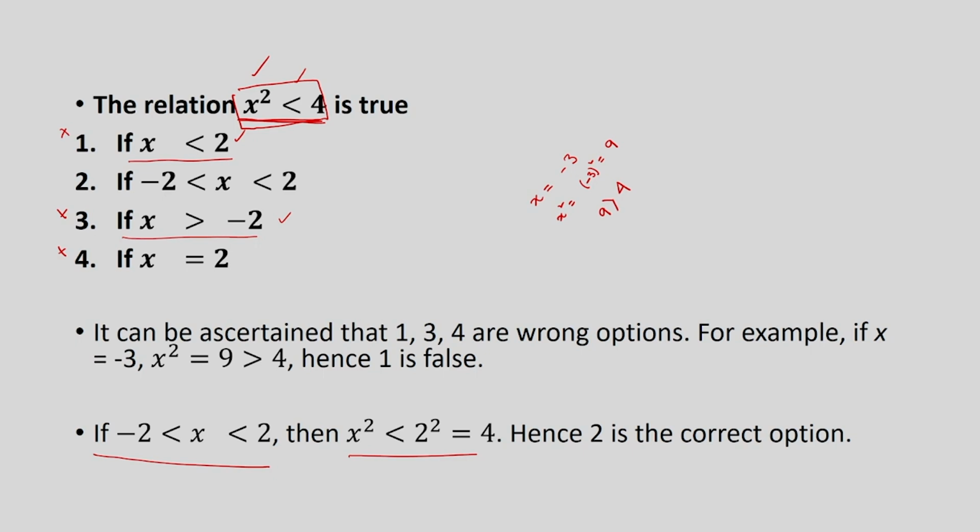Yes, if x is greater than minus 2, then for some values of x this relation will be satisfied, but not for all x which satisfy x greater than minus 2, and that is what is important. We have to check for all values of x which satisfy this condition. If for at least one value of x the condition holds but the relation does not, then we cannot say that this is a correct option. So, the second option is the correct answer here.